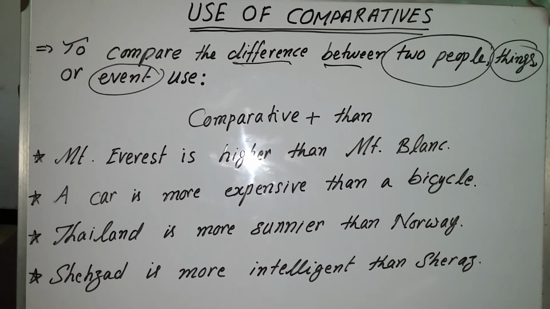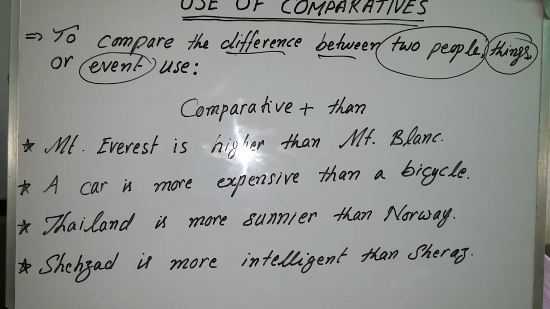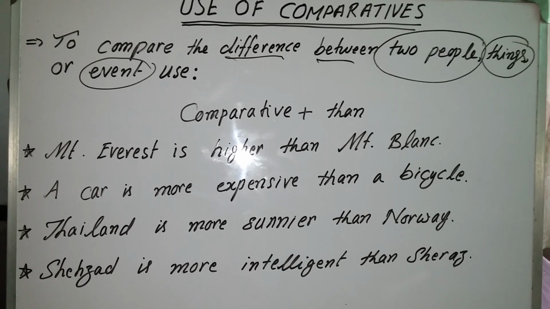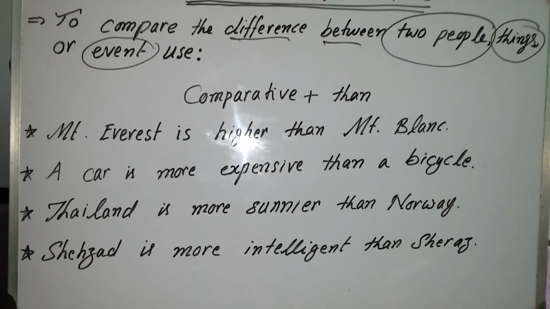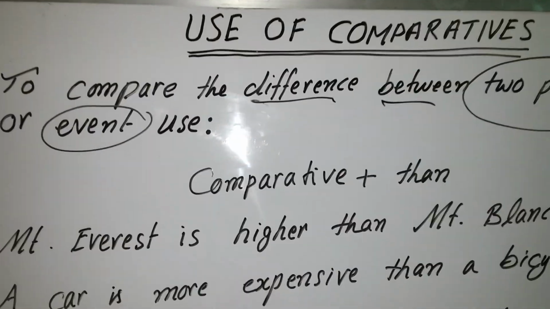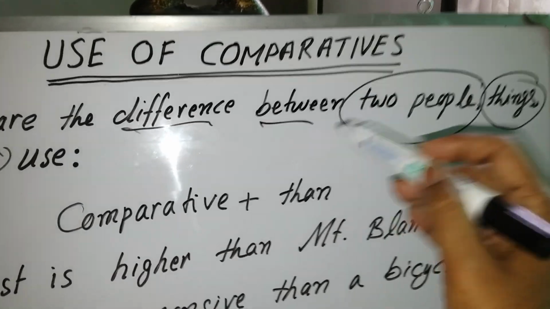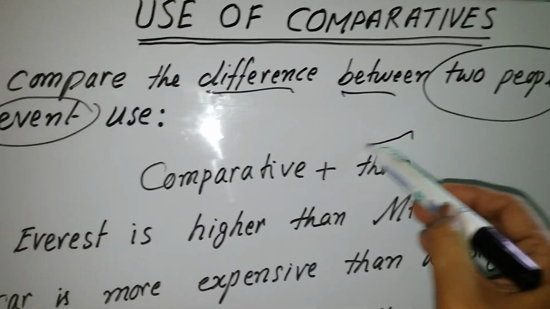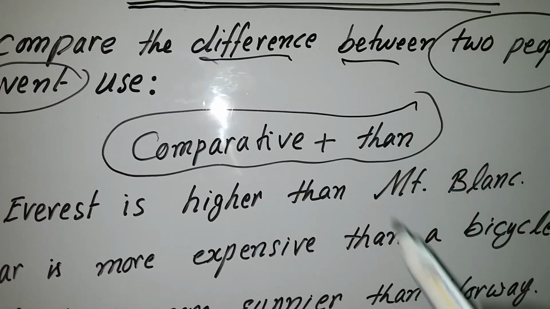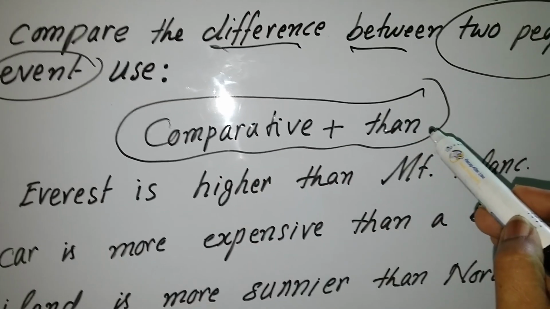Use of comparatives. To compare the difference between two people, things or events, use comparative plus than. Always remember, whenever you want to compare the difference between two people, things, events, etc., you will use this formula for comparison: comparative or second degree plus than.